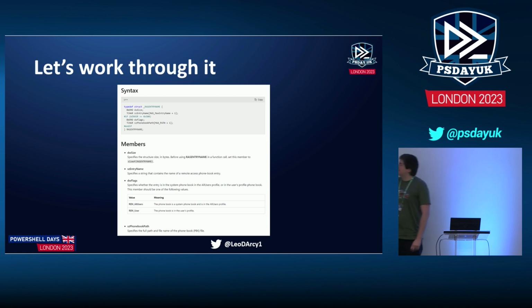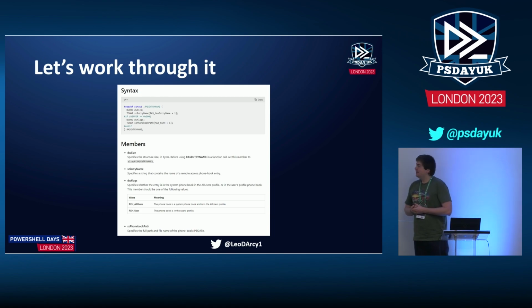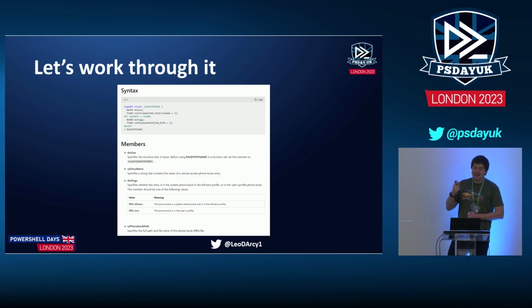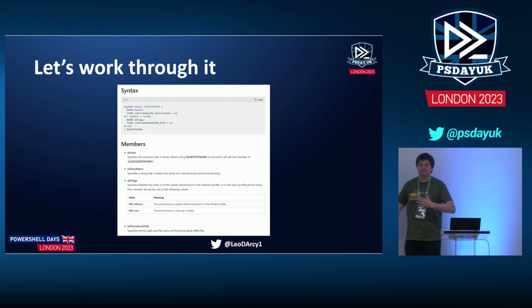So this is the data structure for RAS entry, and if you've not dealt with structures before, you can think of this as a bit like a class or a data object from a PowerShell perspective. There's a couple of nuances here. The first one being this weird hash if WINVER. Now, unlike in PowerShell, the hash in C-like languages is a preprocessor command, which means it runs before it then tries to compile it.